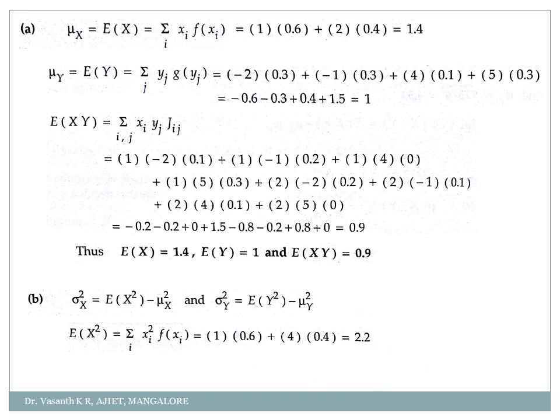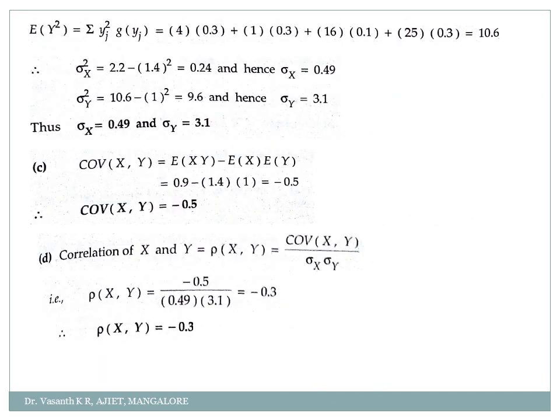Similarly, expectation of y square is simply summation yj square into g of yj. So it is like y square, minus 2 the whole square is 4, 4 into 0.3 plus minus 1 the whole square is 1, 1 into 0.3 plus 4 square is 16, 16 into 0.1 plus 5 square is 25, 25 into 0.3.